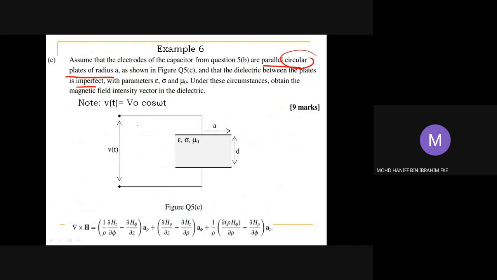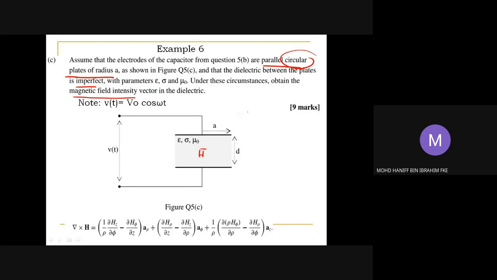Imperfect means that this dielectric is a lossy dielectric. So under the circumstances, obtain the magnetic field intensity vector in the dielectric. So we need to find the H field inside the dielectric.